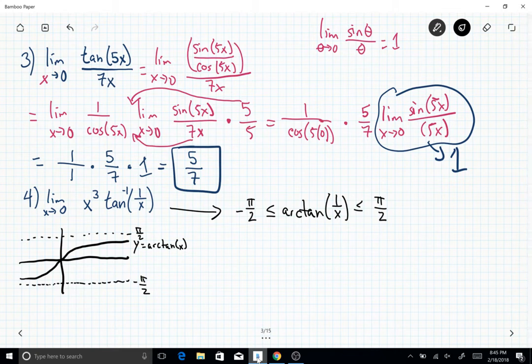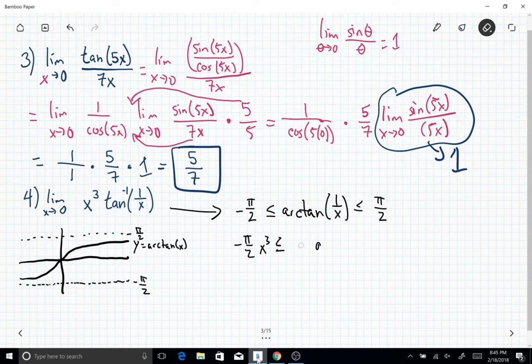Now moving forward from here, let's try and write this a different way. Negative pi over 2 x cubed is less than or equal to x cubed arctangent of 1 over x, and then that's less than or equal to pi over 2 x cubed.